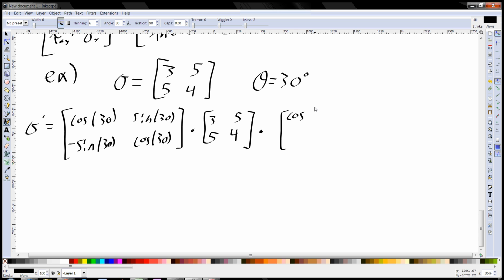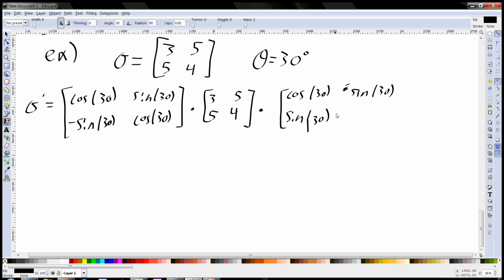So cosine of 30, negative sine 30, sine 30, cosine 30.